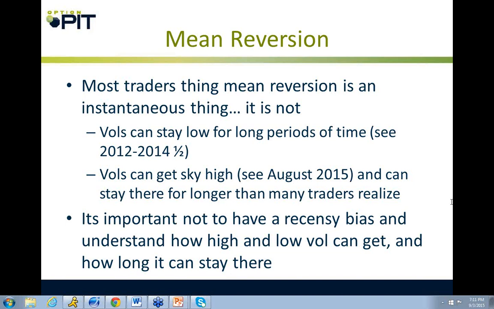All right, a recency bias is the bias that what has happened recently is the way things are.